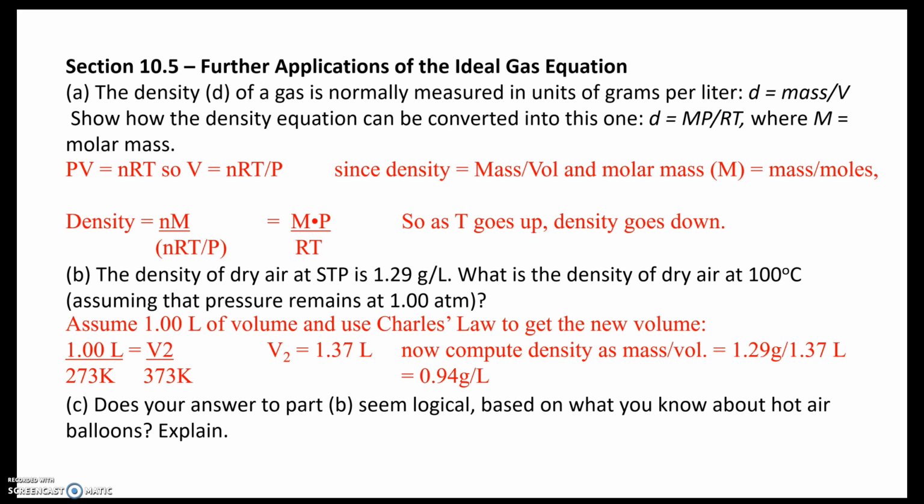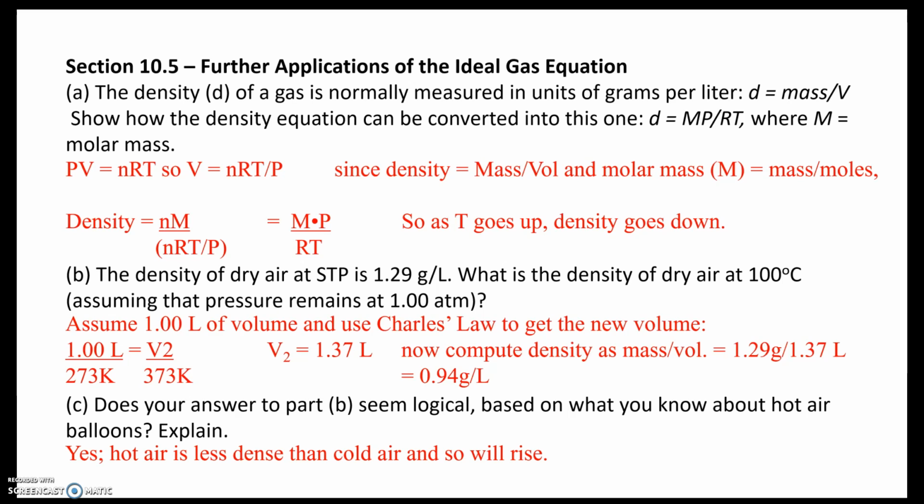Now we compute the density as mass divided by volume. We have our mass, 1.29 grams. We take our volume of 1.37 liters, and now we get 0.94 grams per liter. And then part C says, does this seem logical based on what you know about hot air balloons? And the answer is yes.